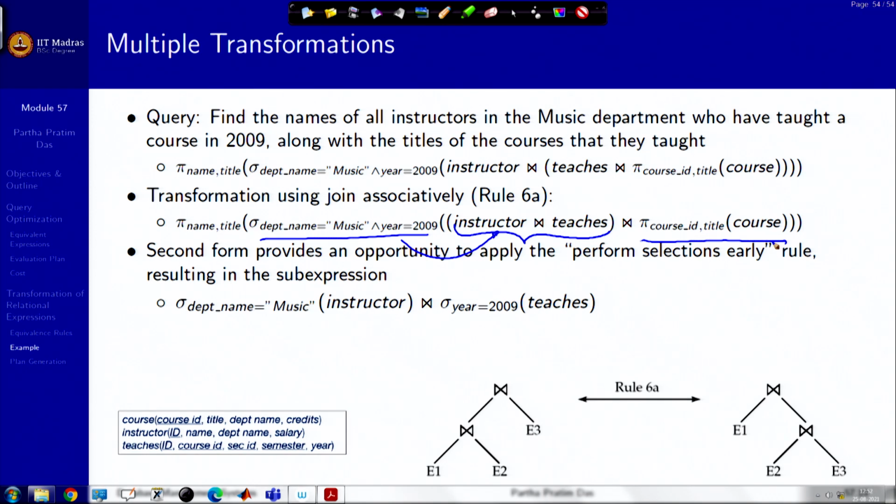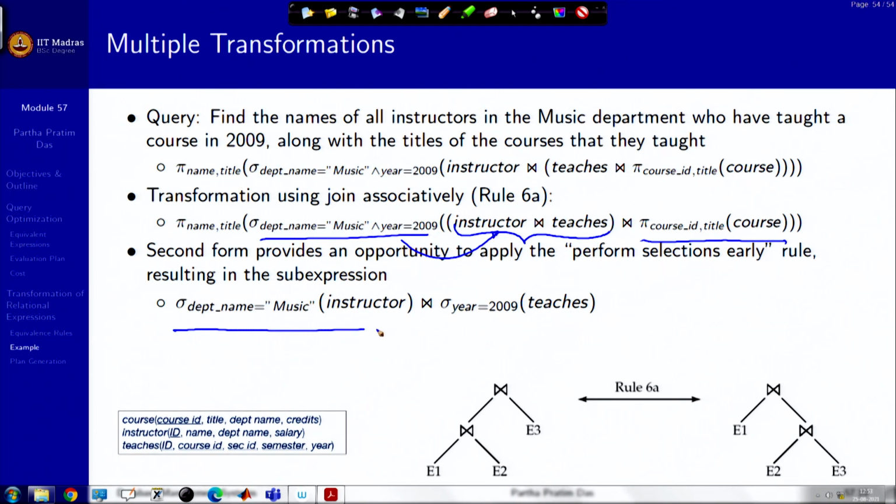As we push that, we have those rules which tell us that I can just do the selection based on music on instructor, because it does not involve any attribute of teachers. Similarly, I can do the selection for year equal to 2009 only on teachers, because it does not involve any attribute from the instructor.